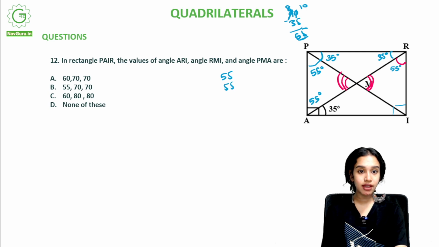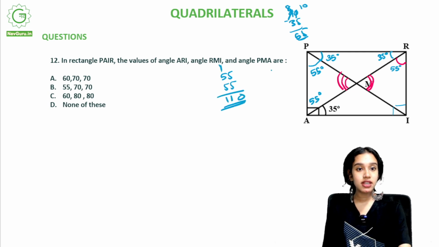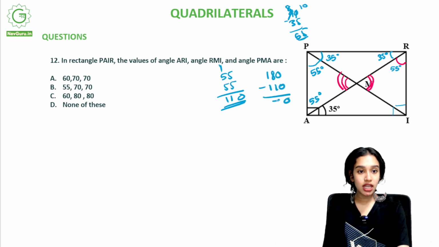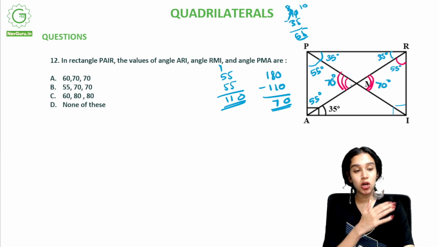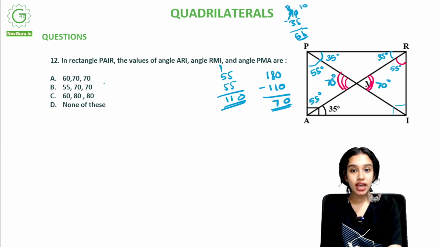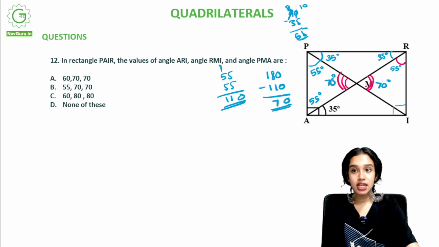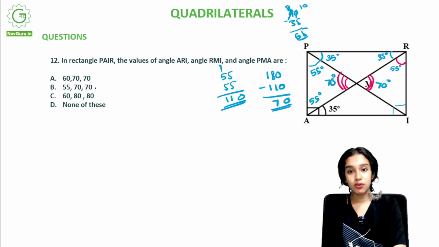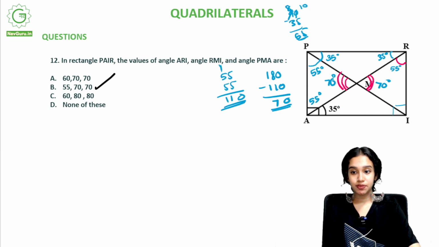That is 55 plus 55, 5 plus 5 is 10, so we have 110 and we subtract 110 from 180 and we get 70 degrees. So this is 70 degrees. Then what would be this angle? This angle would be 70 degrees too, as they are vertically opposite angles, right? So we have the answer as 55, 70 and 70. The answer for this question is 55, 70 and 70.